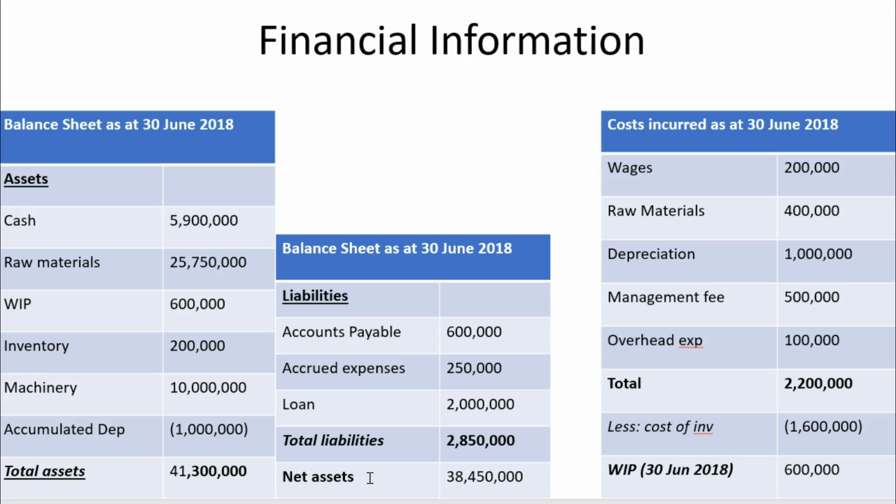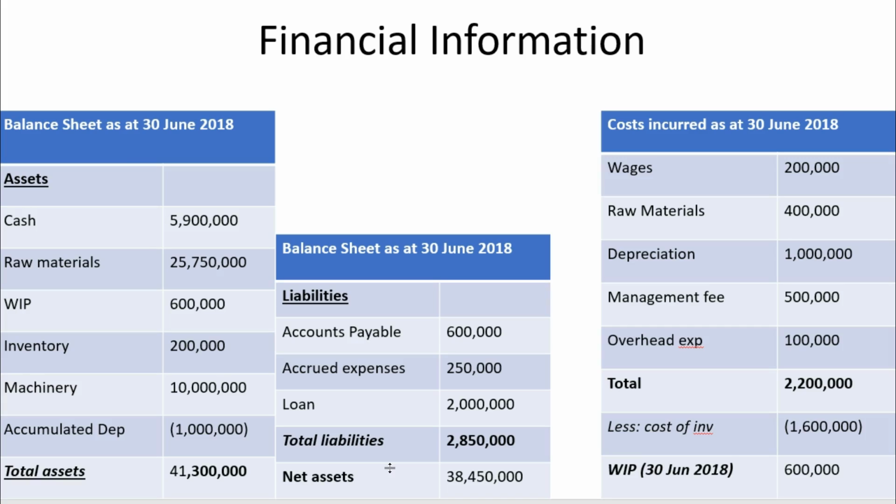So basically, to recap, the joint operation produced $1.6 million worth of inventory. They only have $200,000 on their balance sheet at the end of the year. So this means the difference, which was 1.4 million, was distributed out to the joint operators. So they've been taken out of the joint operation and given to the individual entities.